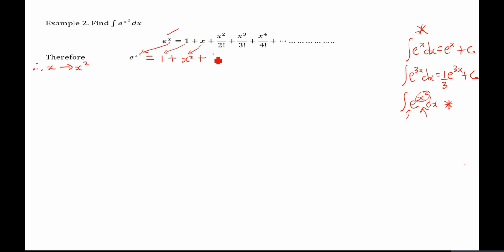Now I'm just going to separate the fraction, the denominator, and there's an x. Replace that x by x squared, and that will all be squared. So I'll do that in every single term. 1 over 3 factorial, x squared all cubed, 1 over 4 factorial, x squared, all to the power 4, and so on.